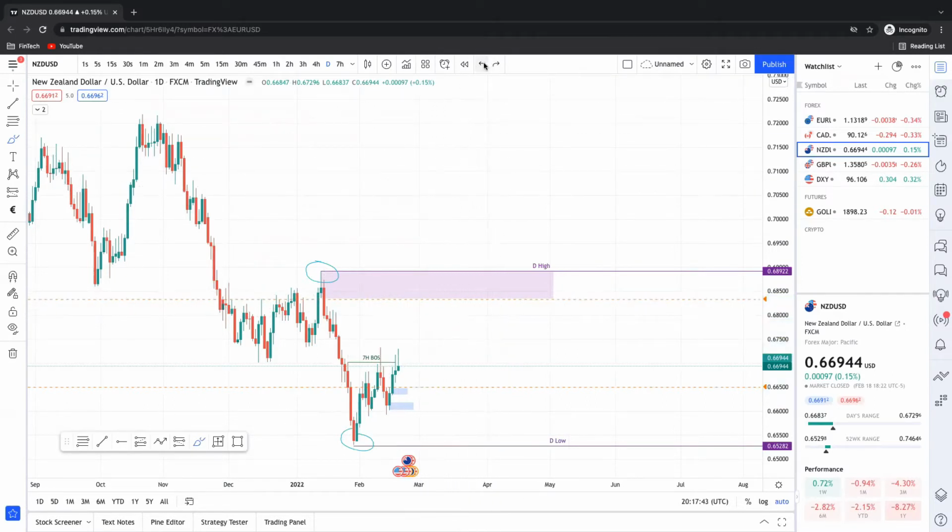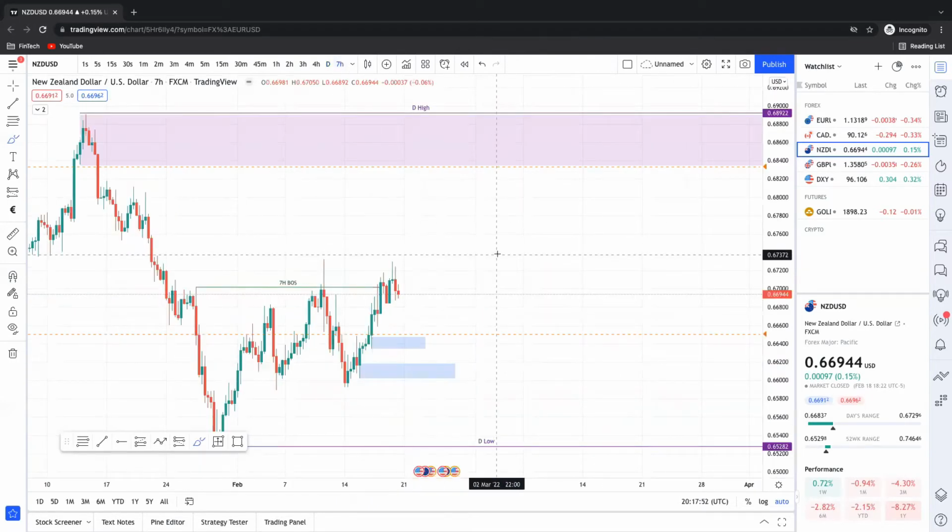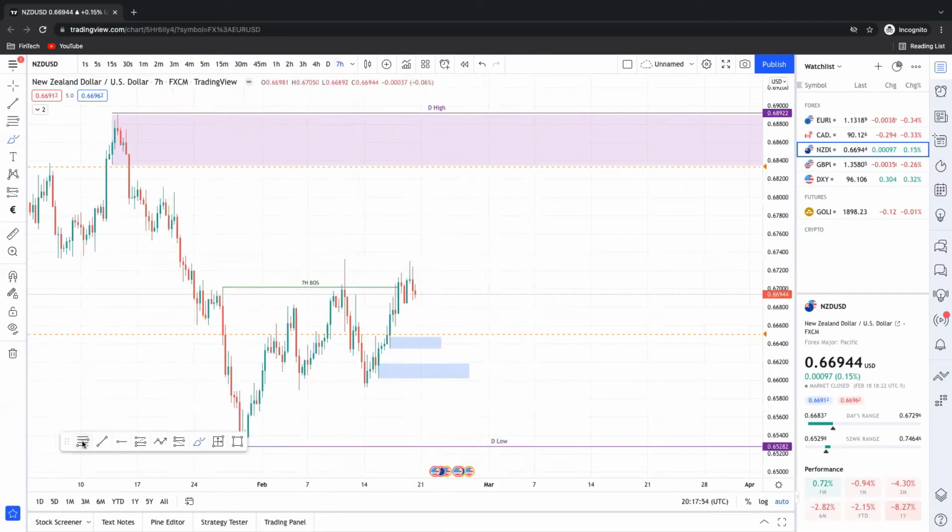Now this is on the higher time frame, but if you want to see the intraday perspective, this is what we got. We have a bullish intention, which is a one-break-up structure.